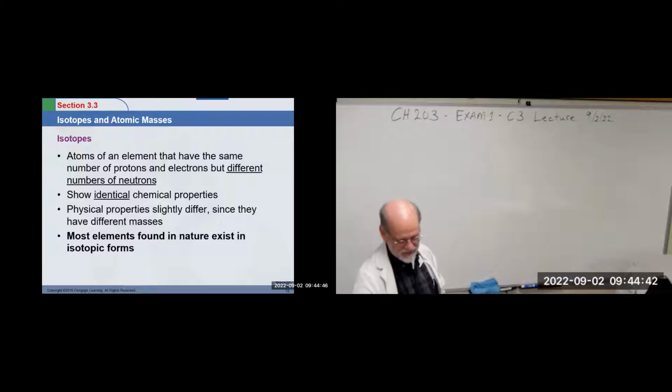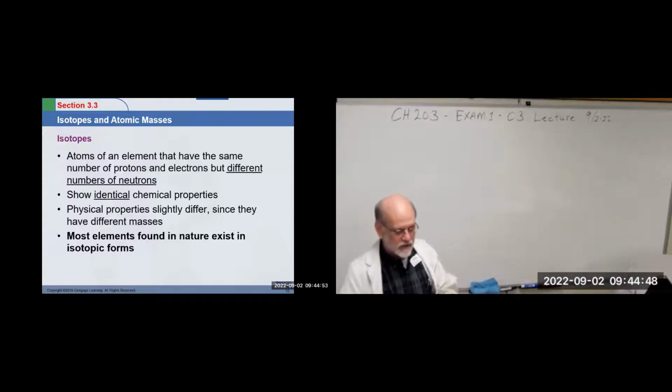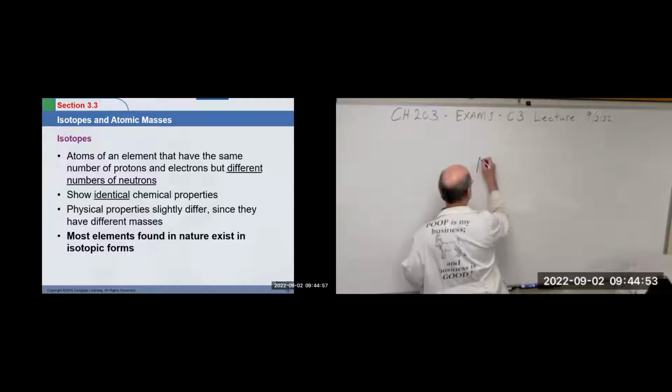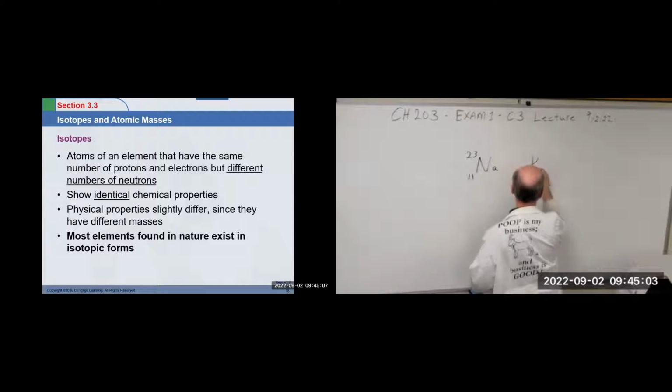Okay. I mentioned isotopes already. The key there is the different number of neutrons. So if you're at sodium at 11 and 23, what if we say potassium, 19 and 40?